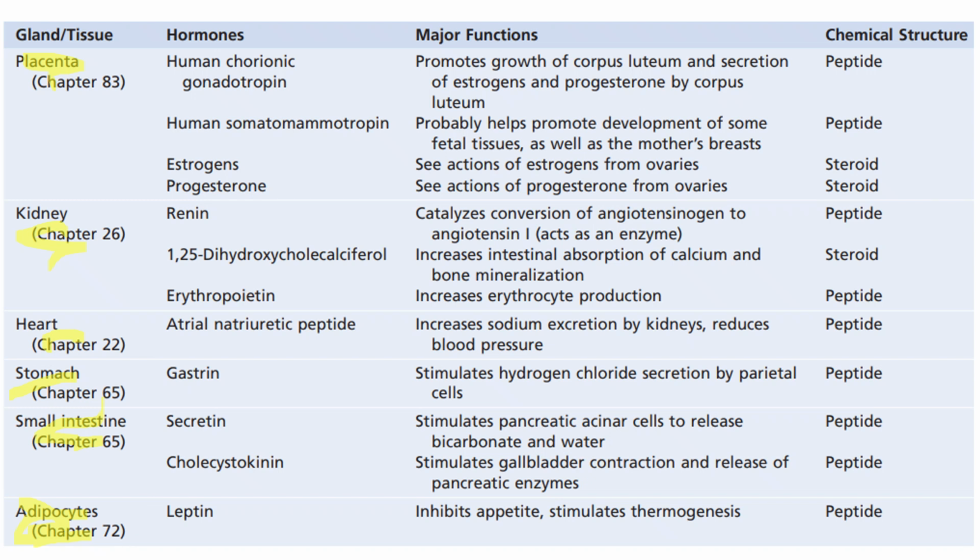Also, their function, physiological effect and chemical nature are described. Placental hormones mimic the function of the ovaries during pregnancy. Kidney derived hormones bridge fluid balance through renin, bone health through calcitriol, and hematopoiesis through erythropoietin.